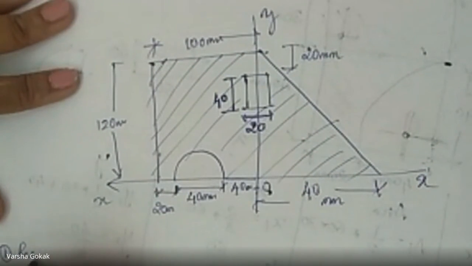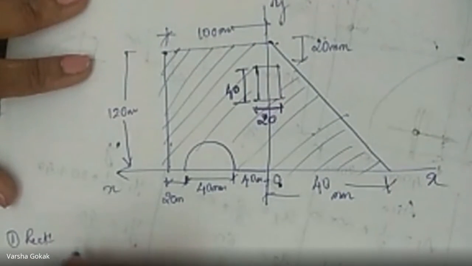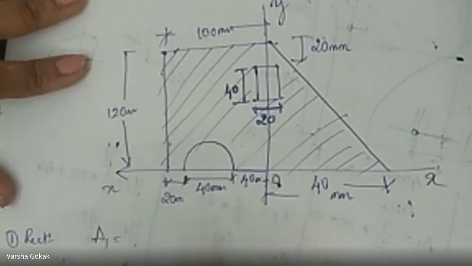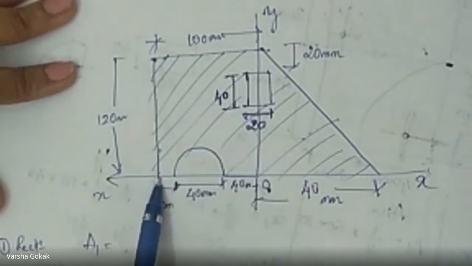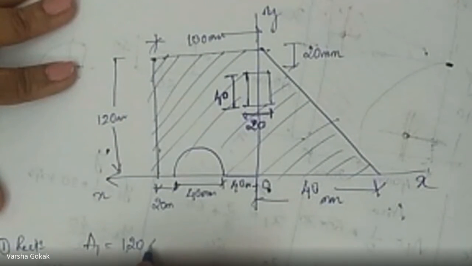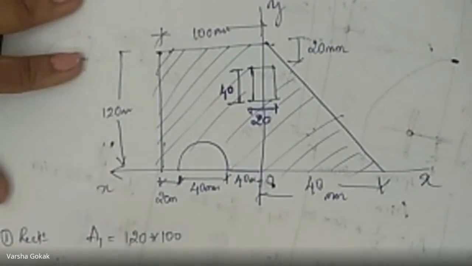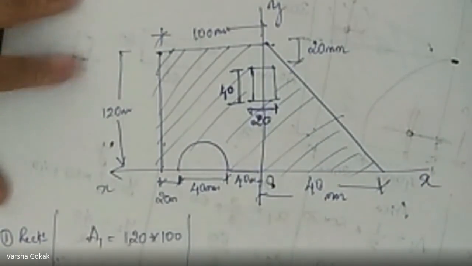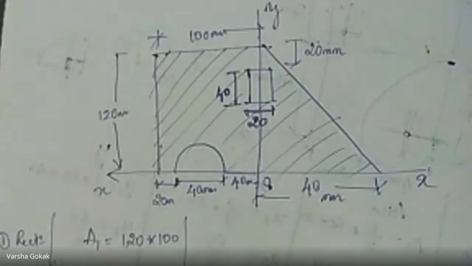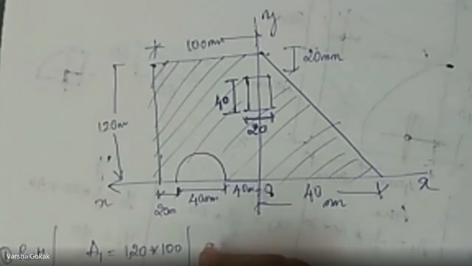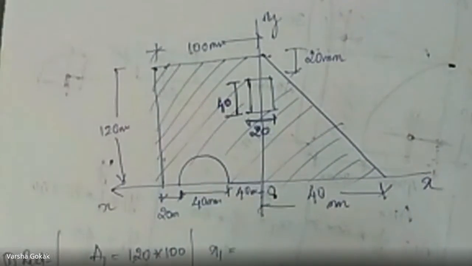We'll take the big rectangle. Correct. So in the big rectangle, what is the area of the bigger rectangle? It is going to be 100 by 120 or 120 by 100. Am I right? And there is no negative sign over here because it is the entire whole. Now tell me the x1 value, what should I write for this?